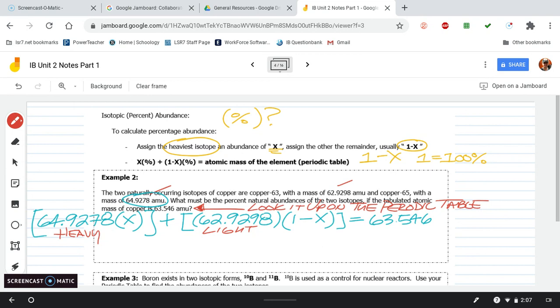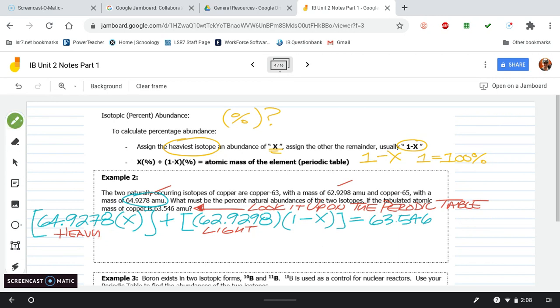Okay, so now you got to do some math. And we're going to have to simplify all of this out and do a little bit of distributing. So I'll change colors real quick. Give myself a little more space.